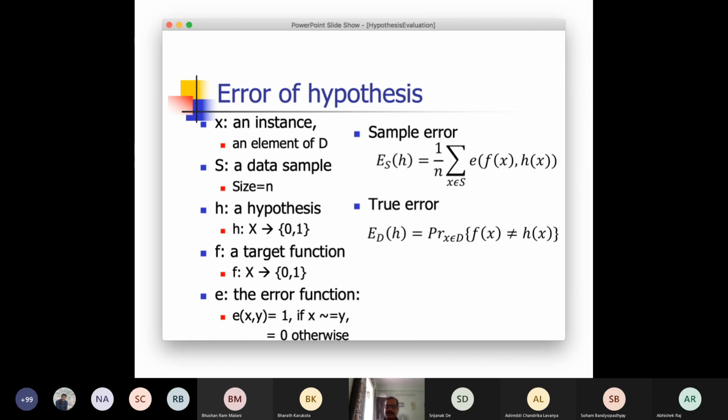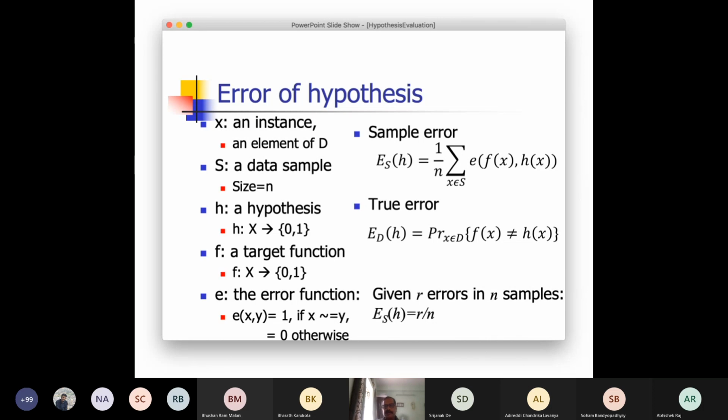You can see that in e_D(h), the italicized D is the whole domain. It is basically representing the population. So in that population, how many instances are not agreeing with the target function when you consider the hypothesis? That is the true error.